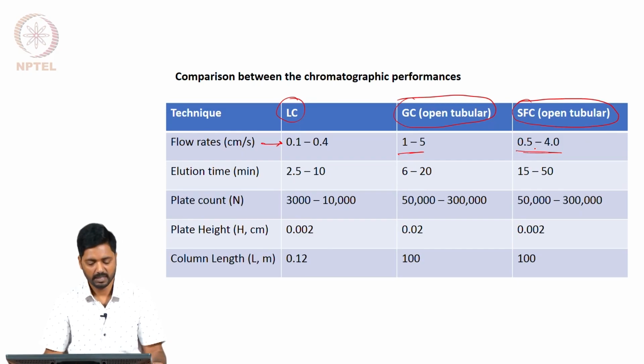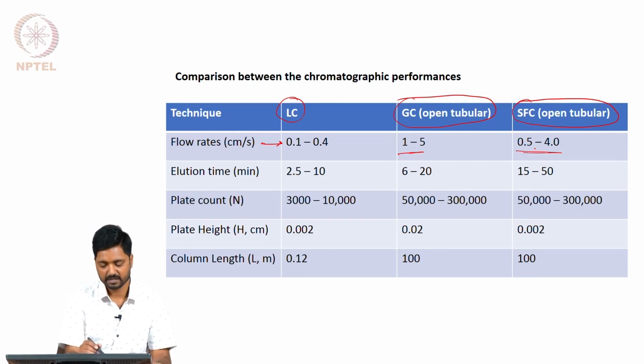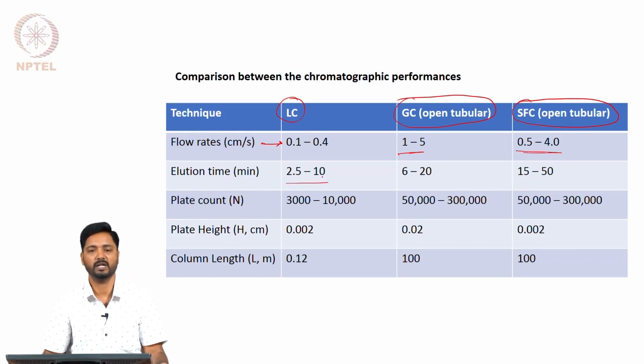As a result, the elution times of analytes are also different. In the case of liquid chromatography, the chromatography can be completed in the range of 2 to 10 minutes. Gas chromatography, because the column length is really long, takes a much longer time, and supercritical fluid chromatography, being operated with the same open tubular column, will require still longer time, because now we are dealing with a material which is more dense and has a higher viscosity compared to gases.